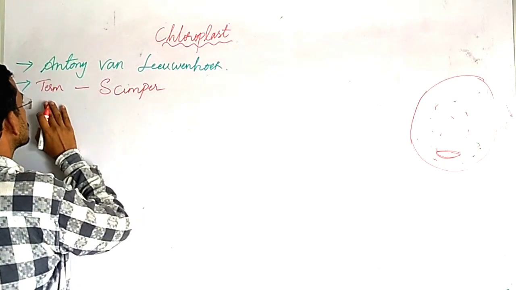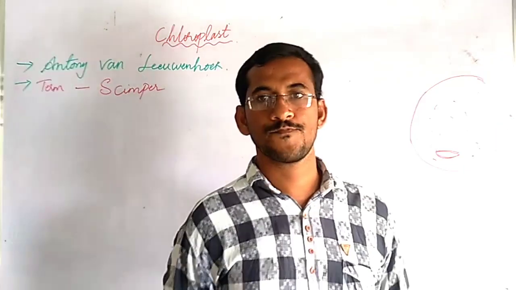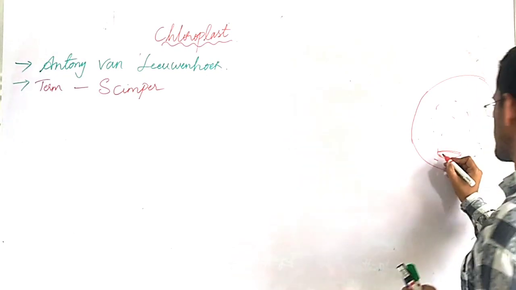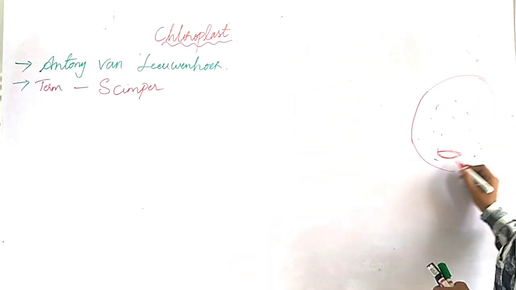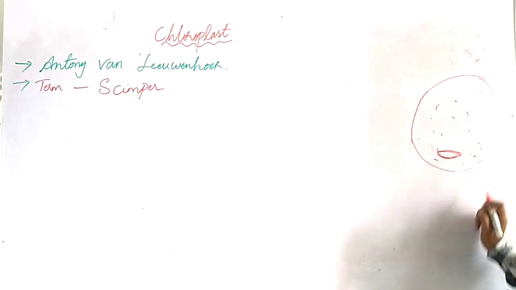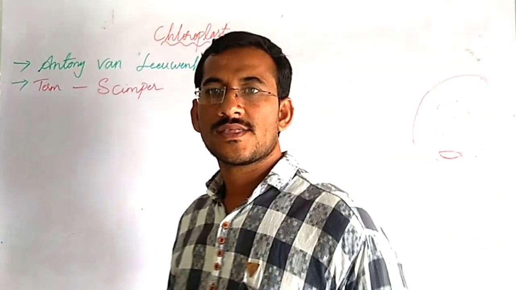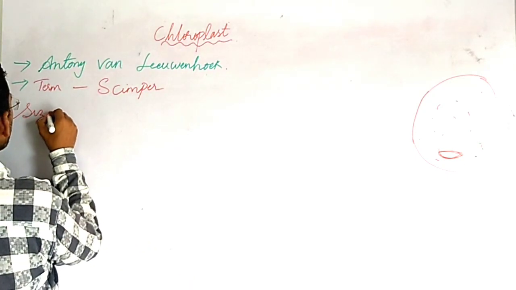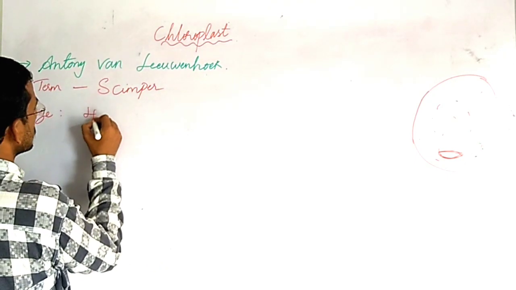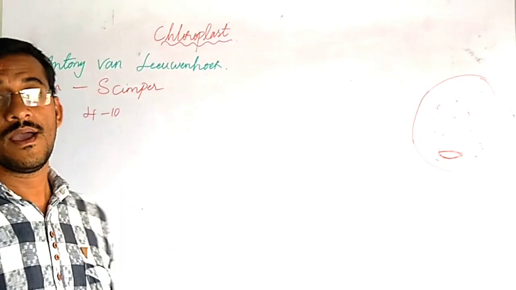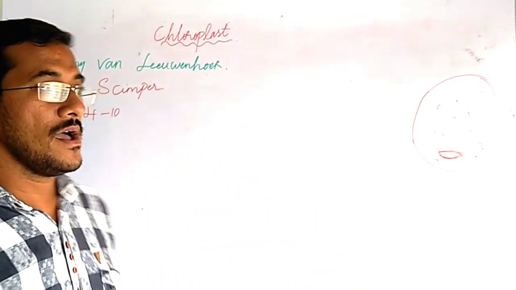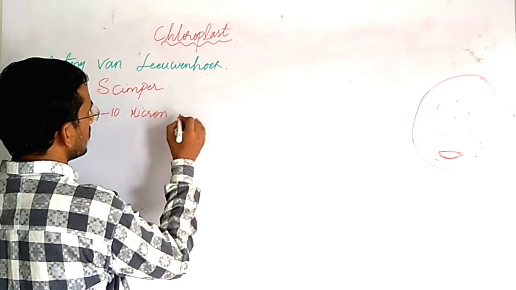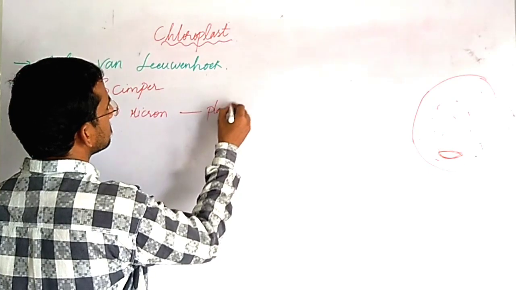He is the scientist who gave this name. Generally, these are oval or cup-shaped structures present in the cytoplasm of the cell. The size of the chloroplast is generally 4 to 10 micron in length in the case of plants.